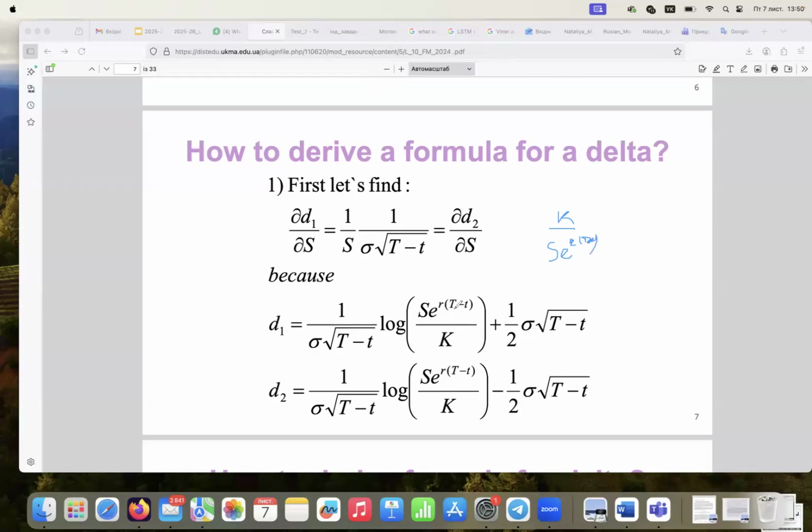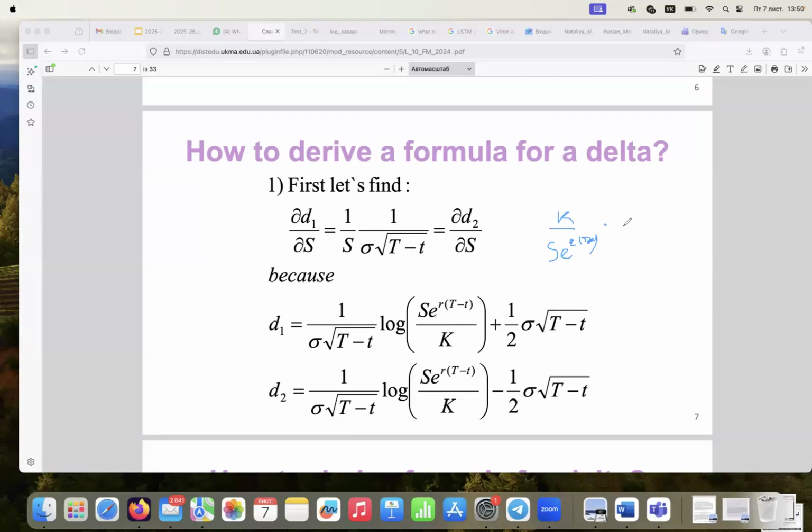And because it is a chain rule, we multiply by the derivative of this expression.